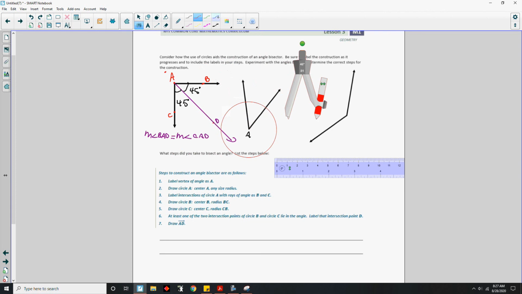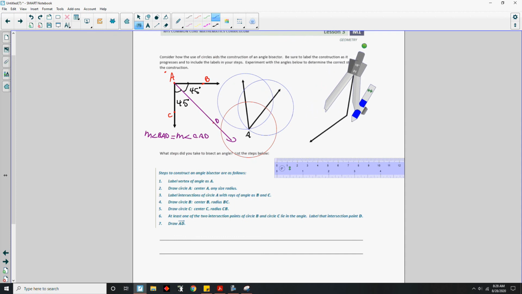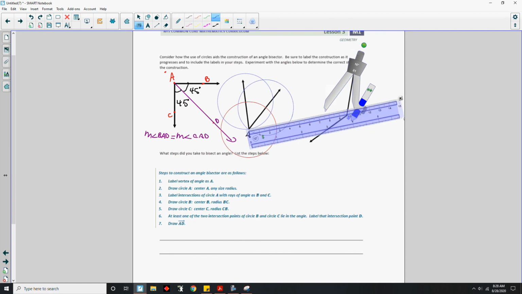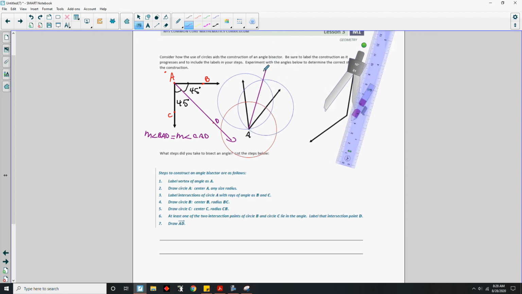All right, then I'll switch to blue, and then you put your compass on your intersection point like so, and draw a circle, and then put your compass on the intersection of your red circle, that was the original, and draw a circle. Okay, and now you take your ruler, place it at the vertex A, going through like so, and there's my new ray, and I haven't labeled the angles yet.